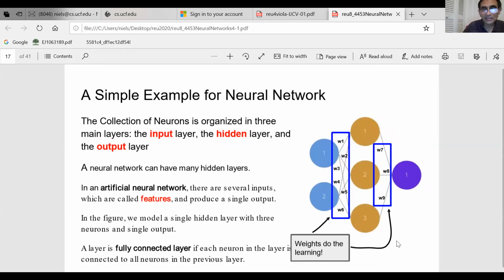Okay, and what you now need to understand, the big deep idea now, is that the weights, the W values, are the ones where all the learning is going to go on. Okay, so you can think of AdaBoost. In AdaBoost, you selected weights. How did you select your weights in the boosting algorithm we just finished a half an hour ago?